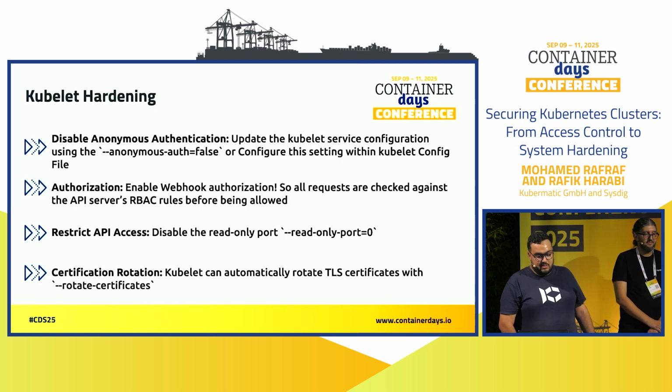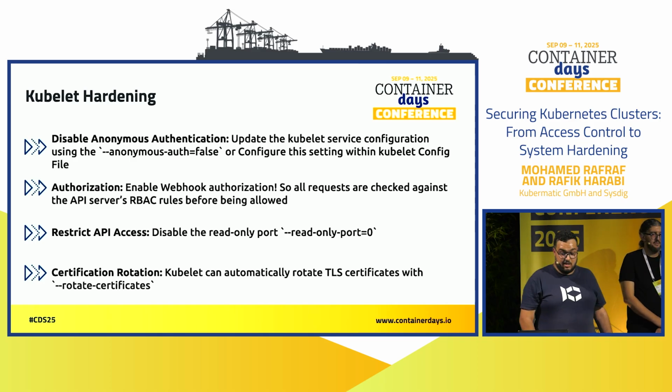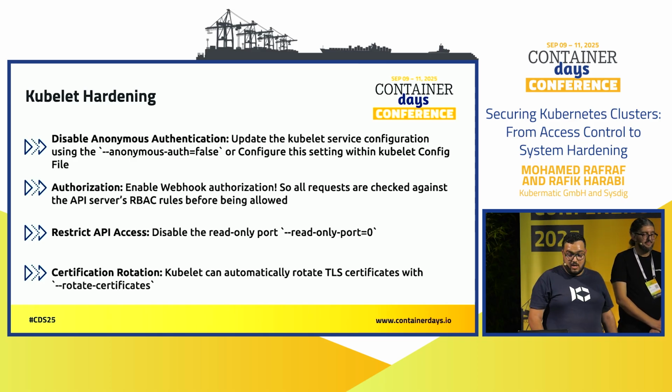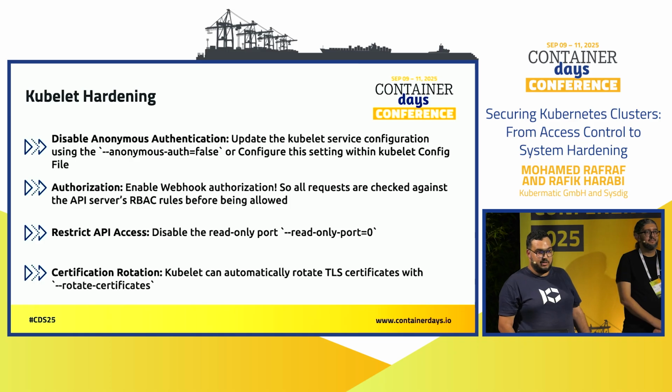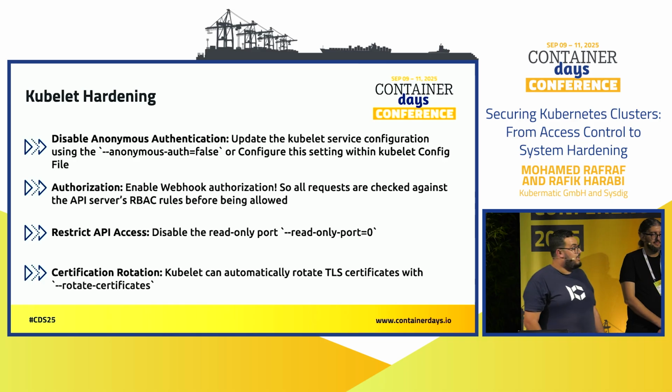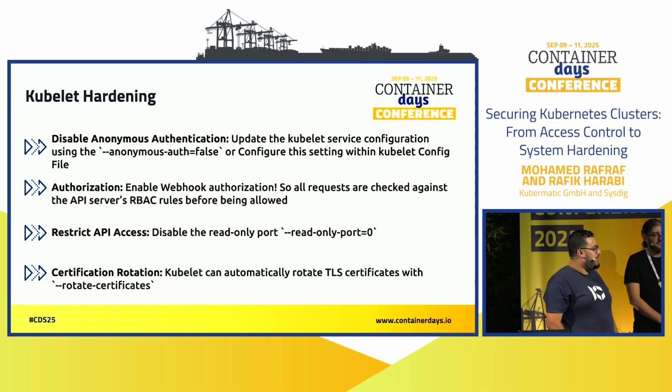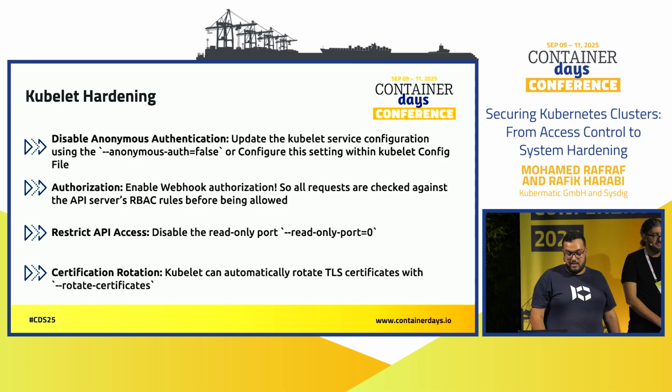Also, it would be great to enable webhook authorization, so all requests are checked against the API server's RBAC. We can also restrict API access by disabling the read-only port, to make sure that no one can read our API objects. Also, we can let our kubelet manage its own TLS certificates by enabling the rotate certificates flag.